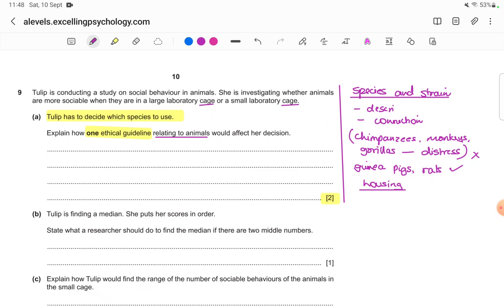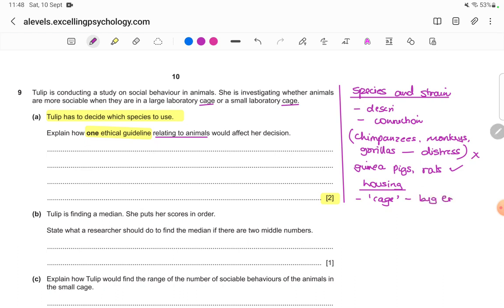So what Tulip can do in that case, because we are not considering species, we are not going to talk about exactly which species she should select, but then she can make sure that the housing is proper. So we'll become specific about which type of housing would be suitable for the animals. When it comes to housing, we'll have to focus on the cage, because she's going to be housing the animals in the cage. Of course the cage should be hygienic, it should be big enough.